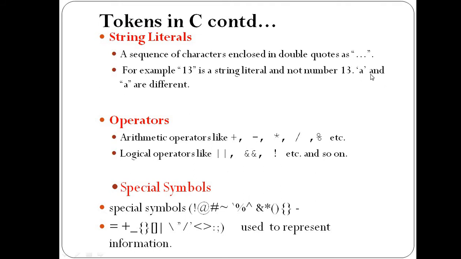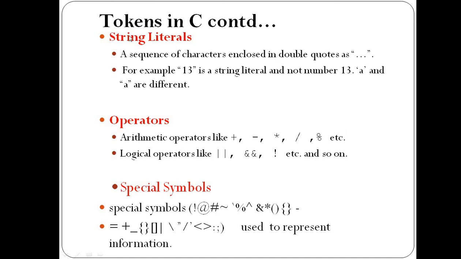So in C programming, the representation of A in single quotes and in double quotes are different, because whatever digits, characters or symbols we give in double quotation marks are called string literals in C. That is a sequence of characters.